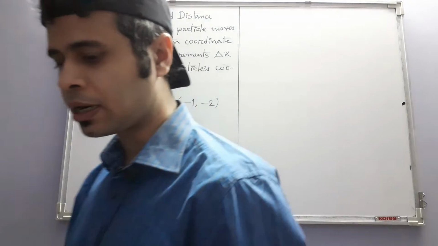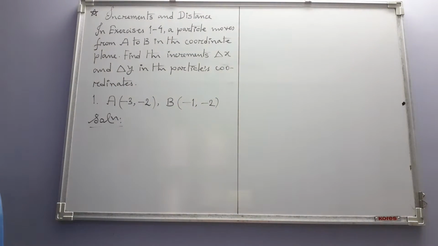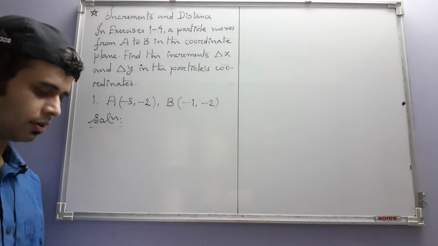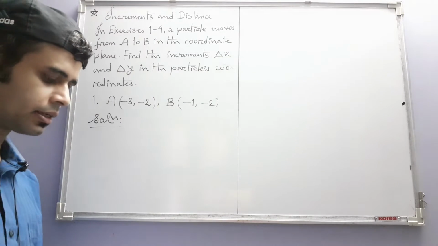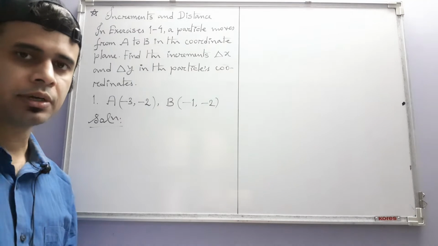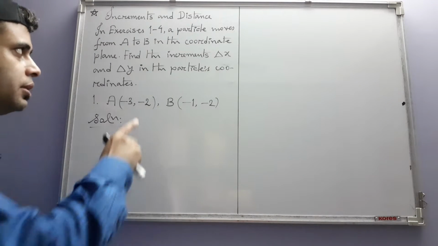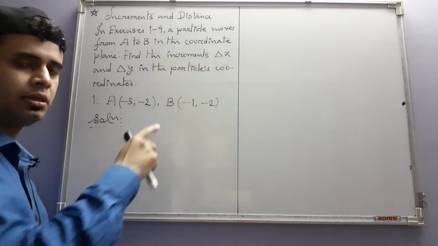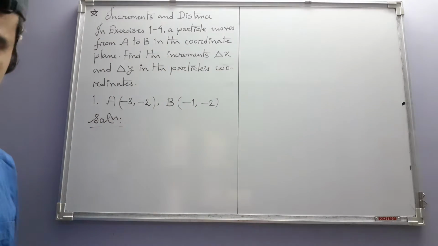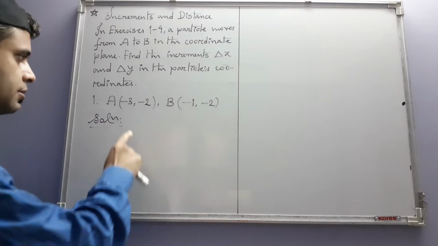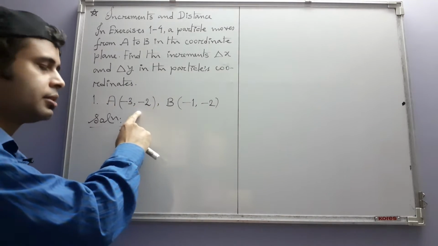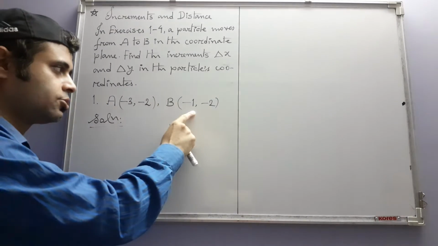Okay, so let us start the set of exercises now. In the first four exercises, we have to find the increments when a particle is moving from point A to point B in the coordinate plane. The first one: this is where the particle starts its journey, and this is where it ends.